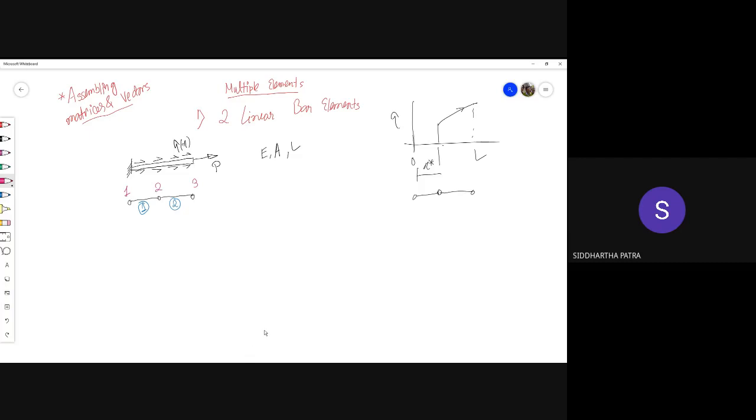So what I'm doing here is dividing the geometry into two linear elements.